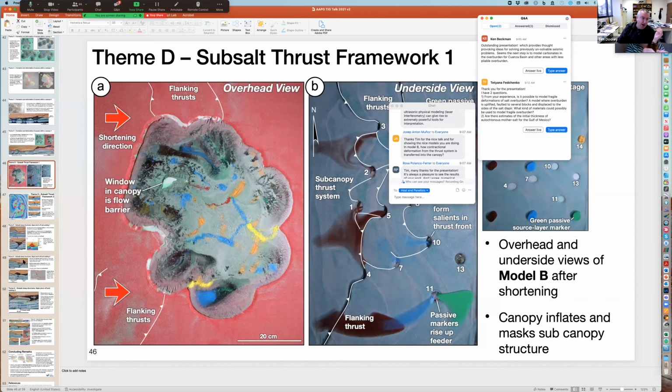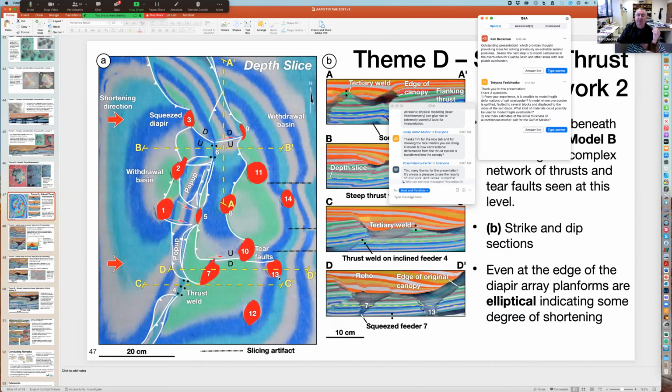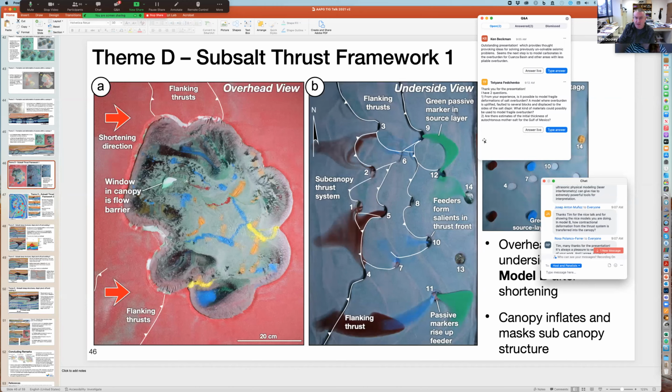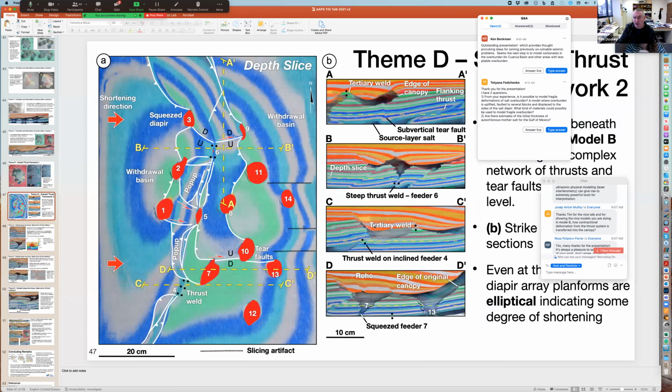But when you have a look at what's happening in here, there's an awful lot happening at the sub-canopy level, which you can only see from the underside or at the end of the model after you chop it up.